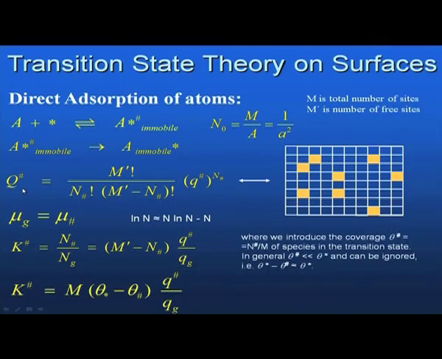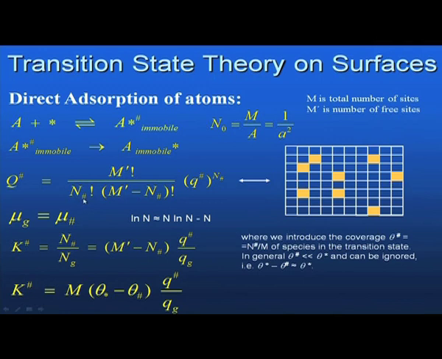So, the overall partition function Q double dagger is given by this expression, where m primed factorial divided by n, this is your activated, factorial into m prime minus n factorial, n double dagger factorial. So, this is your number of available sites, and this is your number of activated molecules, or activated adsorbed sites.